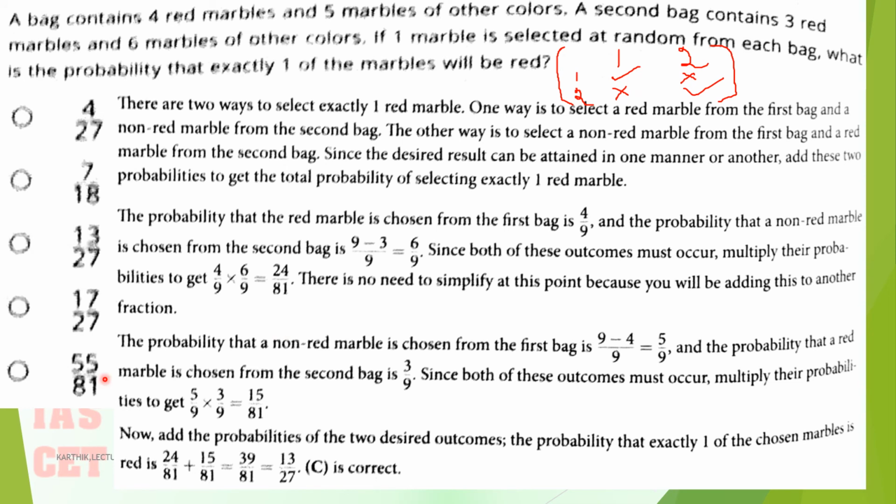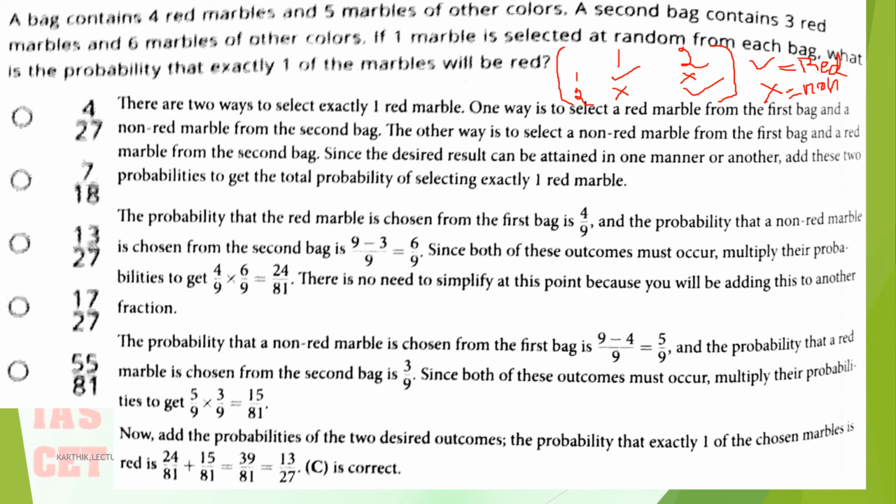I hope all of you understood, right? Here the tick mark is nothing but a red marble, and the cross mark is nothing but a non-red marble.